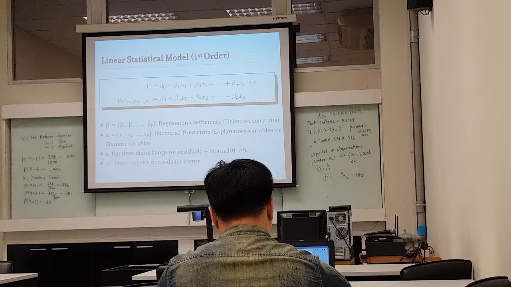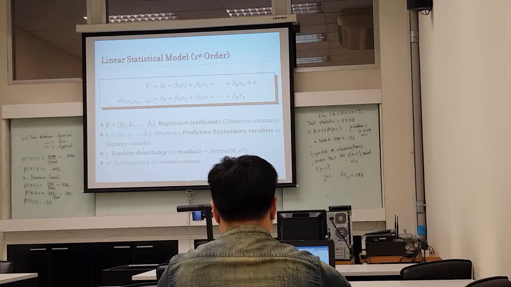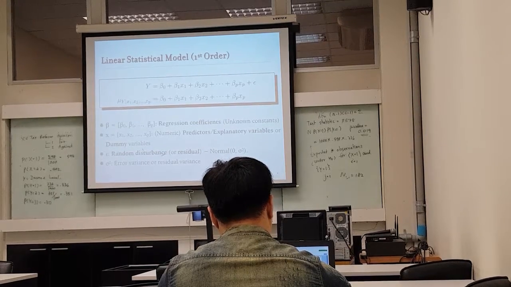And this epsilon has a normal distribution. This is the key to this linear regression model. You can think of epsilon as the random disturbance or residual, because when you add this term to your model, it explains some variation that you cannot explain by these predictors.